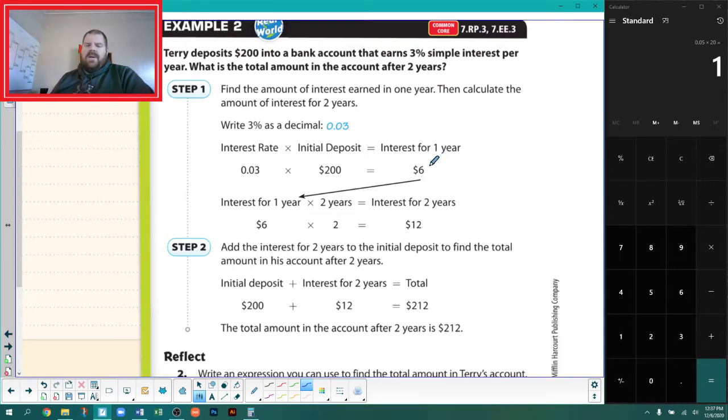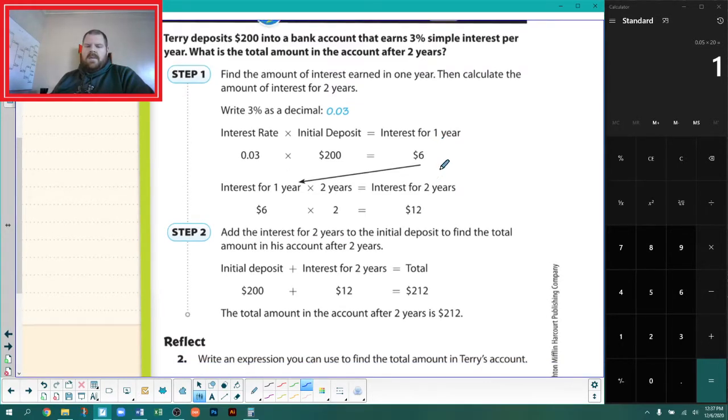And so after 1 year, your money has earned $6, so it's increased in value by $6. And I guess that's how it works. There might be something weird going on there. But if you find that it earns $6 a year, I don't know if I believe in this or not.